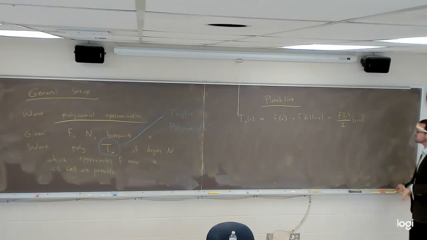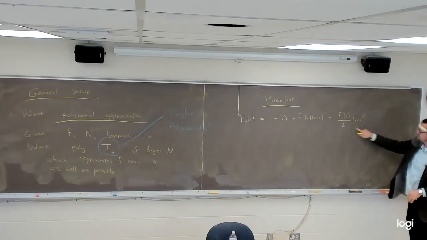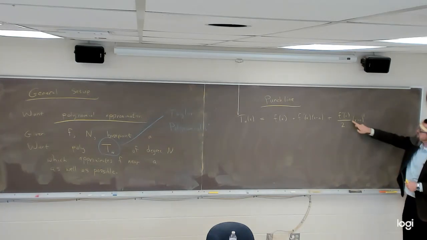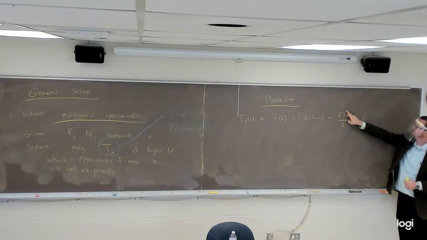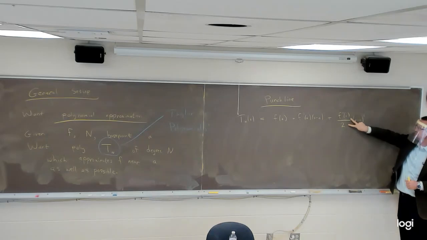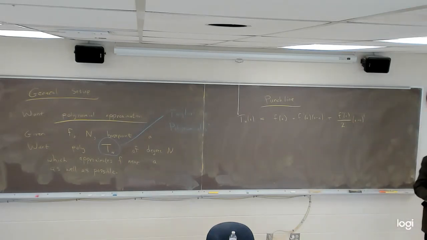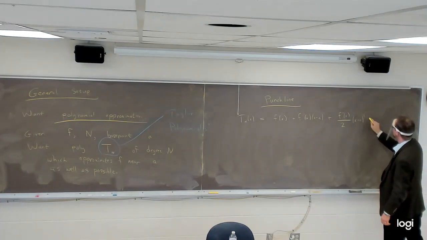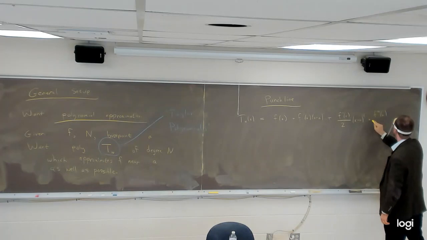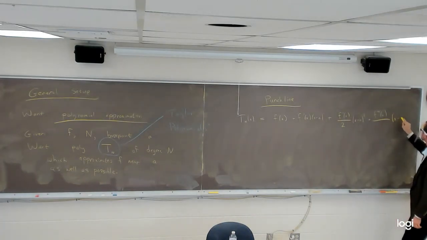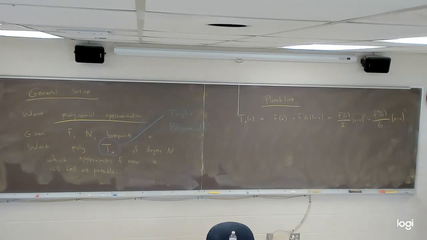All right, so I'm going to have this for my quadratic term. In the example we just did, the second derivative of my function at 0 is 1, so I had a coefficient of 1/2 on the quadratic term. The next term adds the third derivative at a times x minus a cubed, and now I'm going to divide by 6.